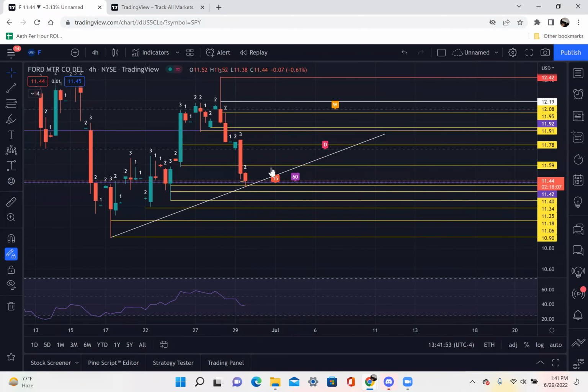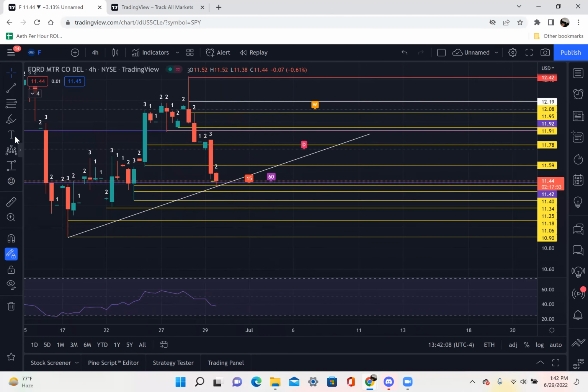So the smaller time frames are flipping more bullish, but they're still getting rejected, right? That's what that candlestick basically just told me by turning blue and going red. So if I want to trade this, I'm going to set up an alert right here.